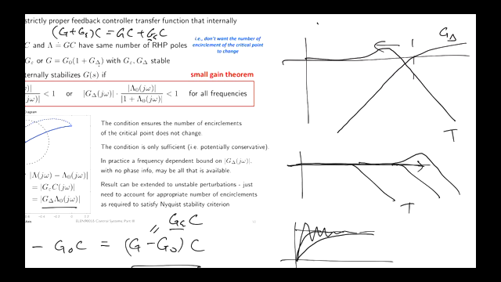So that's a reason why you might not want to push it too far. Another reason you might not want to push it too far is because in order to satisfy this condition, which is really a robustness condition, you want T to be small where there's significant modelling error, which might be at high frequencies. So what I'm trying to get across here is that design in the end is going to be about balancing these trade-offs. You've got certain things trying to push the crossover frequency further to the right to make things faster, okay, but there are going to be things that stop you from pushing it too far to the right.